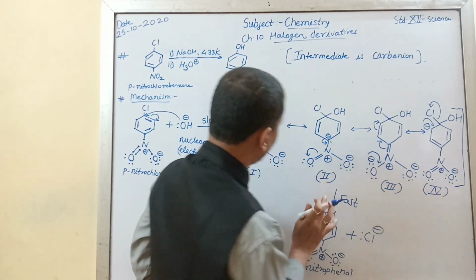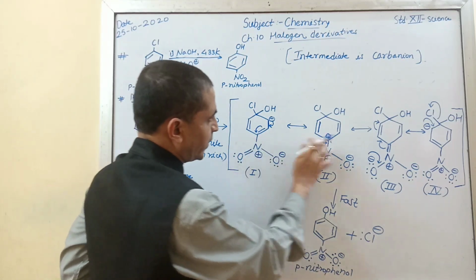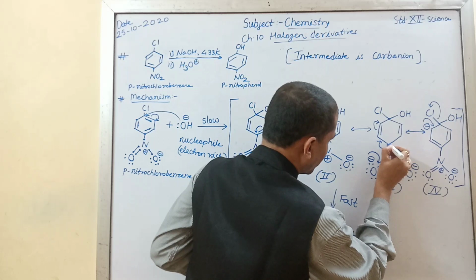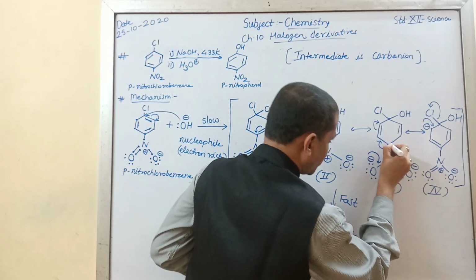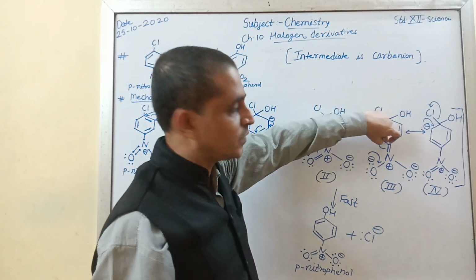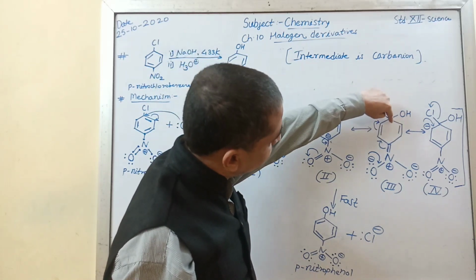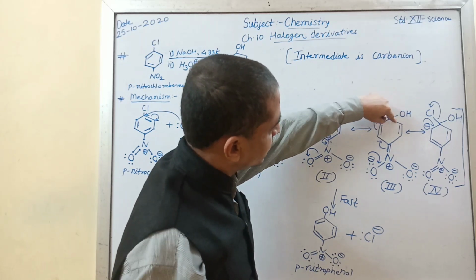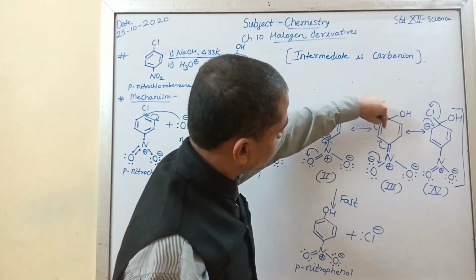Now see the difference between the first, second and third resonating structures. In the third resonating structure, at the para position, the conjugation is extended. Conjugation means single and double bonds are alternate: single, double, single, double, single, double.